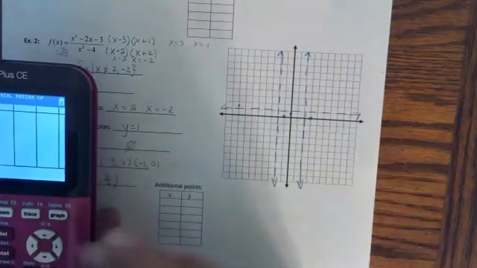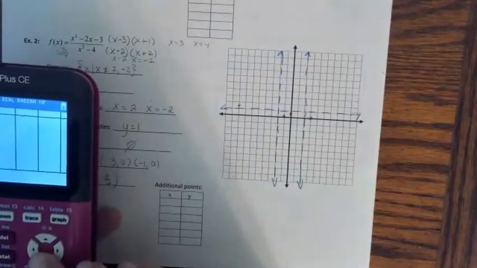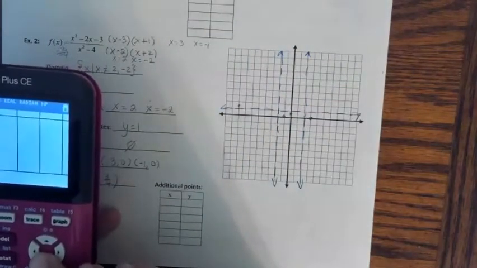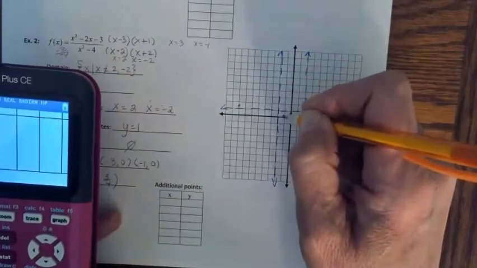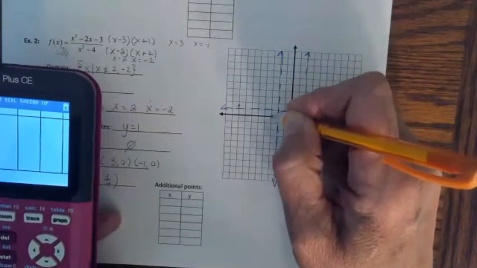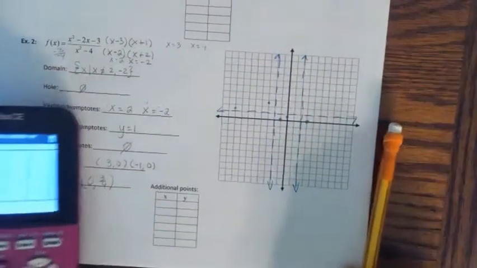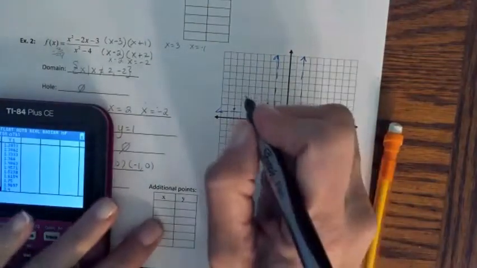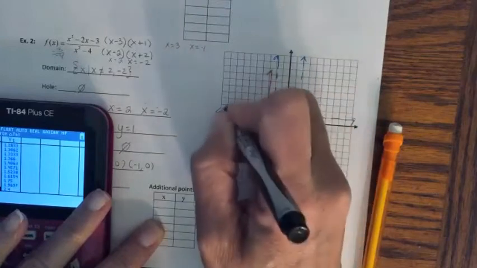And then as we get closer to the vertical asymptote, at -3, I'm at 2.4. So I've got something like this going on here.